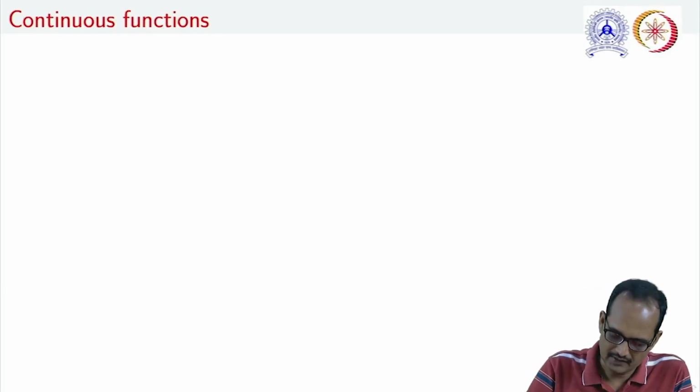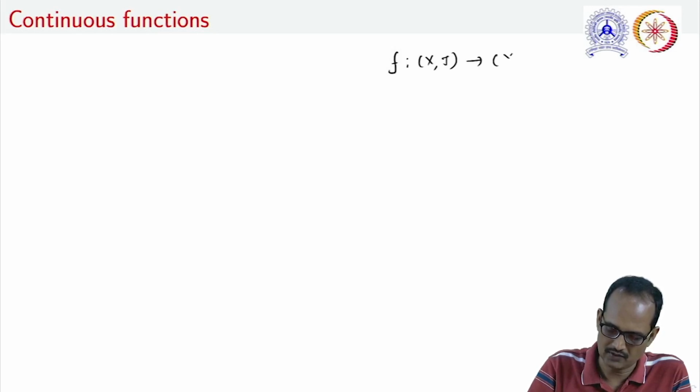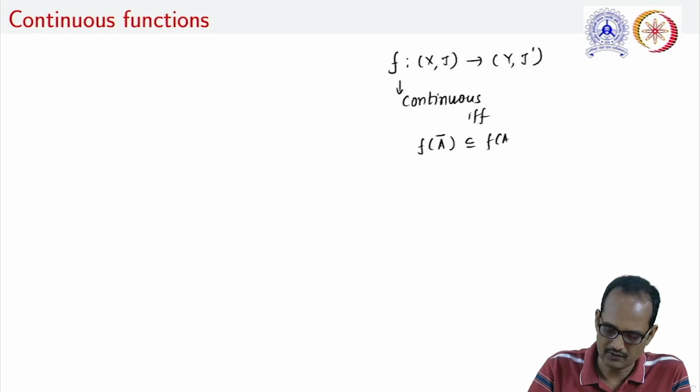Actually, in the last lecture, we have seen a characterization of continuous function: if f is a function from topological space (X, τ) to (Y, τ'), we say that this function f is continuous if and only if the characterization was f(closure of A) is a subset of closure of f(A) for all A subset of X.